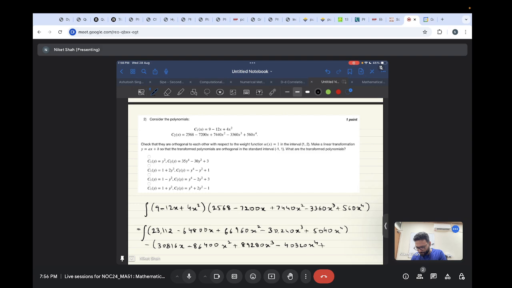Minus 4320 x power 4, plus 560 into 12, 6720 x power 5, and this is the minus sign. All right.